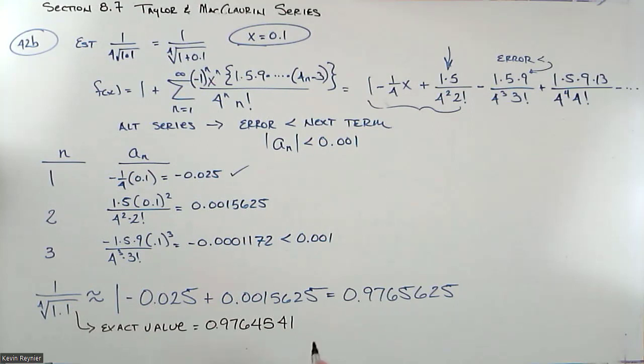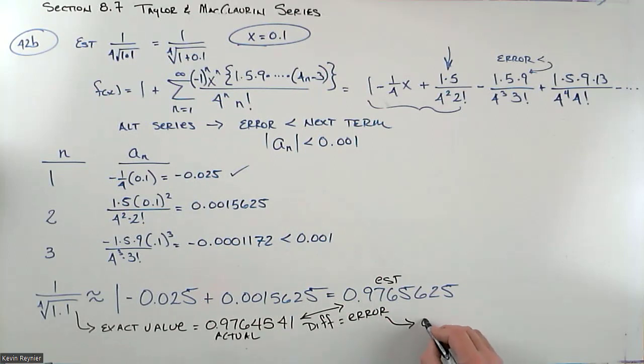If you subtract these two, the difference equals the error, because this is the estimate and this is the actual. And when I did that subtraction, in absolute value I got 0.0001084.